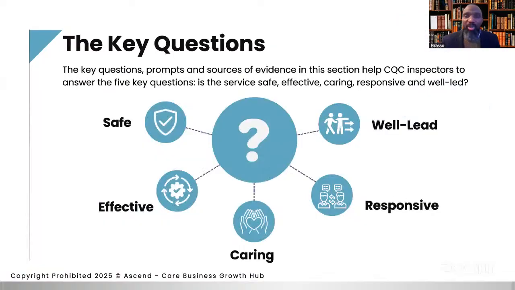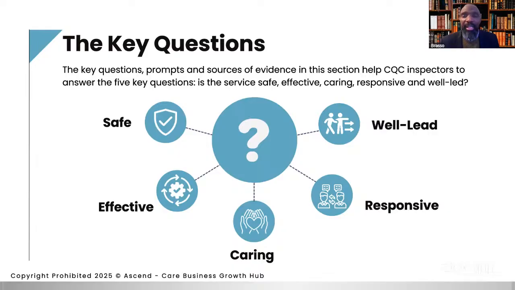For those who are familiar, we used to call them the 5 key lines of inquiry. Now they call them the 5 key questions. Very, very important. As part of registration, and not only registration but post-registration, in how to manage CQC regulated activities, it's about your services being safe, effective, caring, responsive, and well-led.